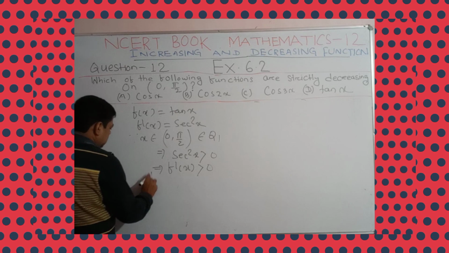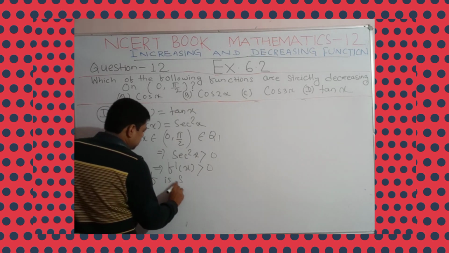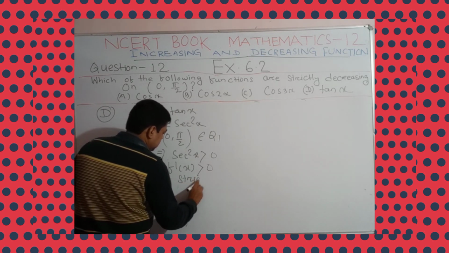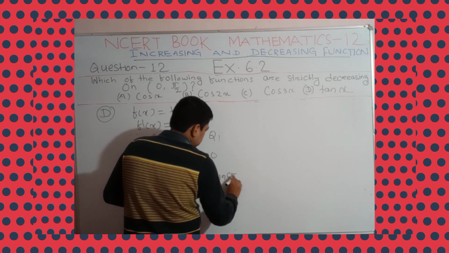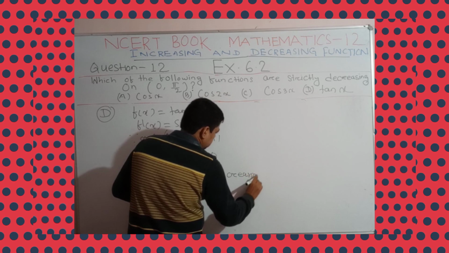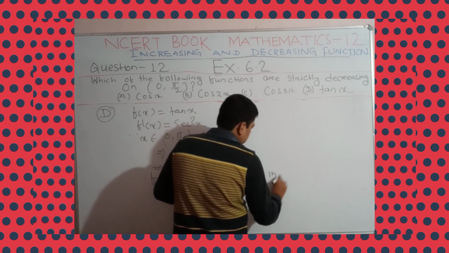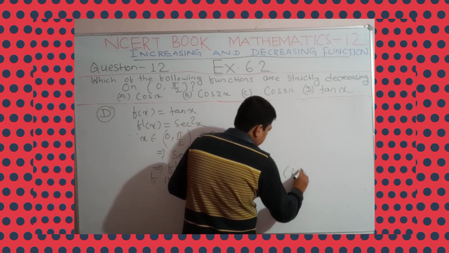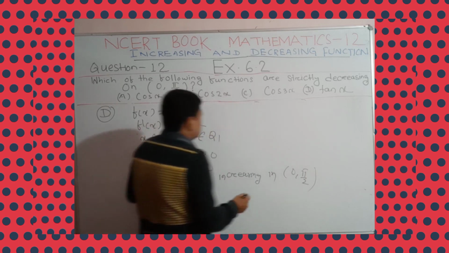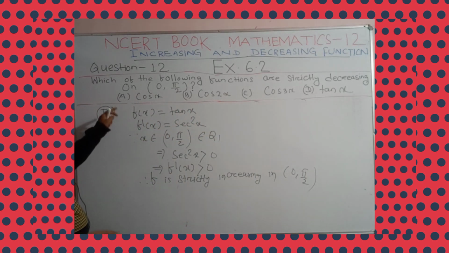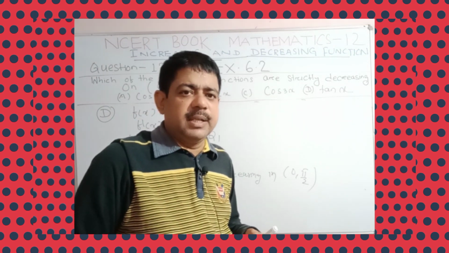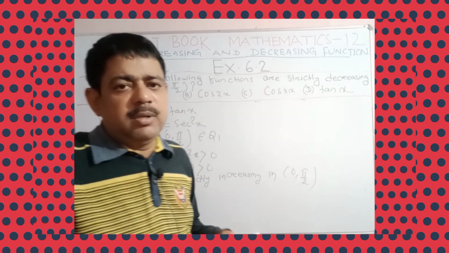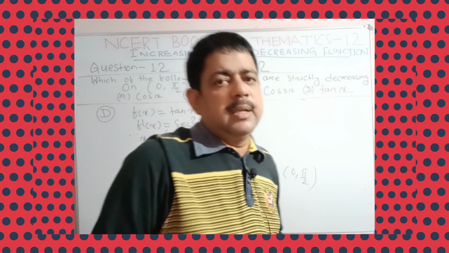Thus the function f is strictly increasing in the interval 0 to pi by 2. Understand? So thus we got in each and every case in which function the function is strictly decreasing, strictly increasing, and in which case the function is neither decreasing nor increasing.